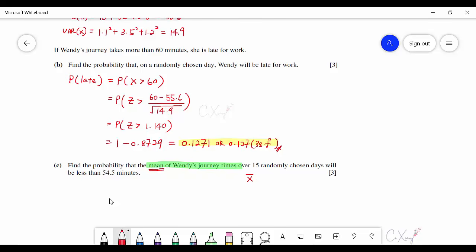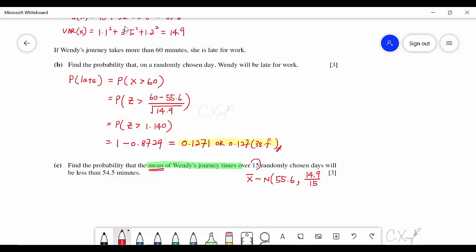Right. So X bar will be normally distributed also because the population is originally normally distributed. What is the mean? The mean will follow the population mean, which is 55.6. And then the variance for the sample mean will be the original population variance, which is 14.9, divided by the sample size, which is 15.